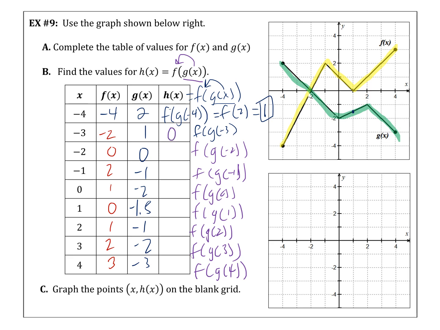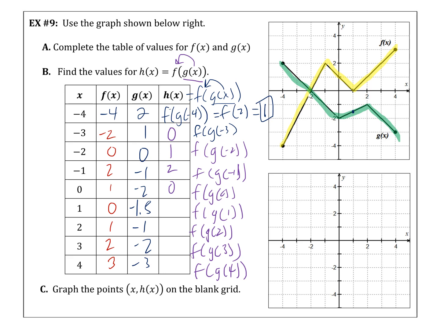So this is what you were supposed to do and finish. Checking yourself, these are the values you should end up with: 1, 0, 1, 2, and then 0. With the negative at 1, when we go to g of 1, we get -1.5.